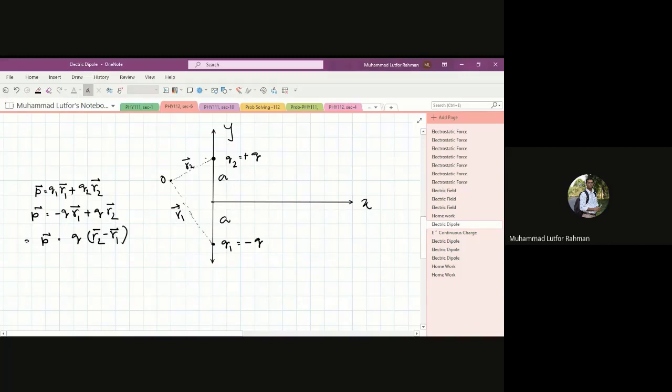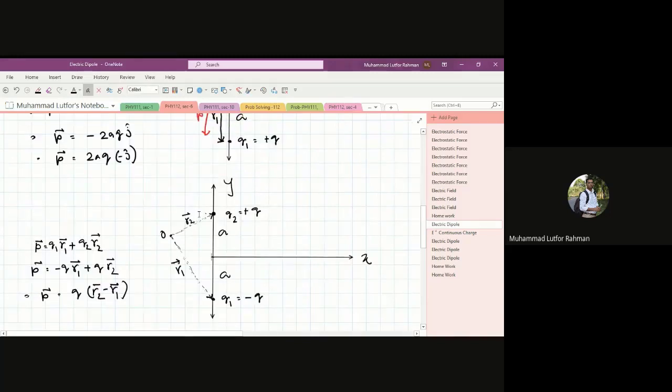Now R2 minus R1 means, say this one is my R2, which is that vector, and this one my R1. If I write down this is the minus R, then I can draw it over here. So I'm going to use a different color. This one, I can say, is actually the minus R1. I just shift that vector from here to here.